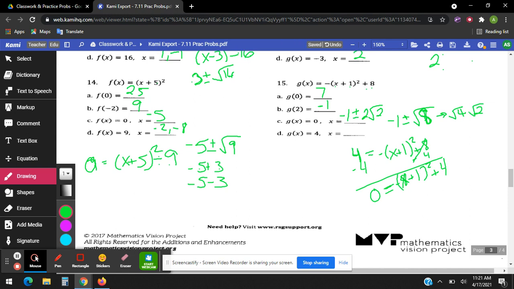So we are going to now have the negative 1 plus or minus square root of the negative 4. And so negative 1 plus 2 is 1. Negative 1 minus 2 is negative 3. There we go. And that is it in this case.